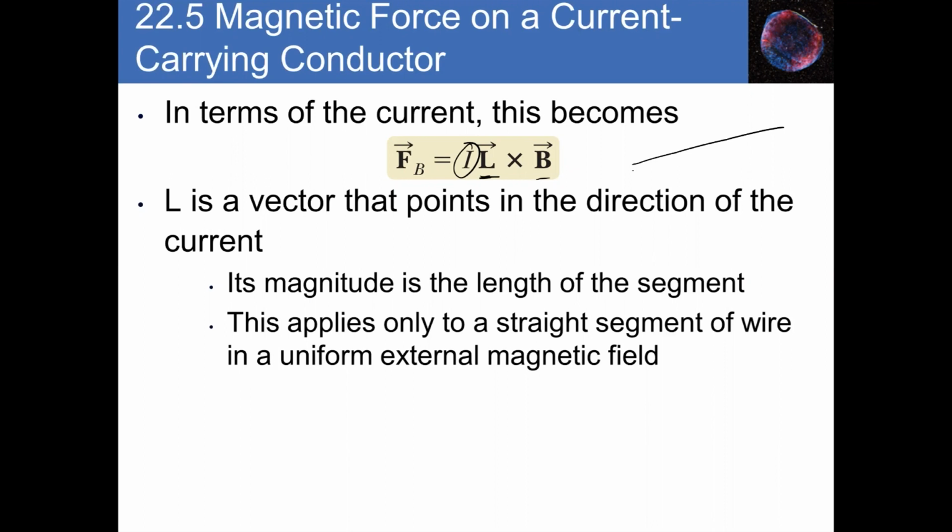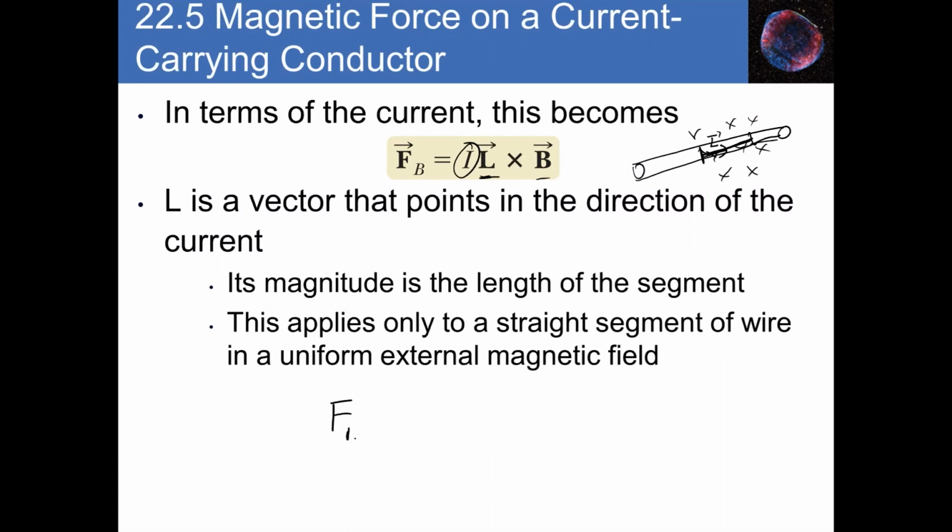That means if you have a current carrying wire, and there's a magnetic field in this region, you take this length, some kind of length vector, and the magnetic field vector, and do the cross product between them, because a cross product has to be between two vectors, and current is not a vector. But we can do that.